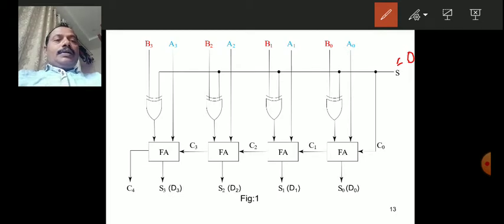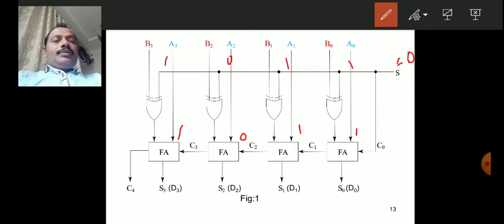So here number A is 1011, and number B is 1010.